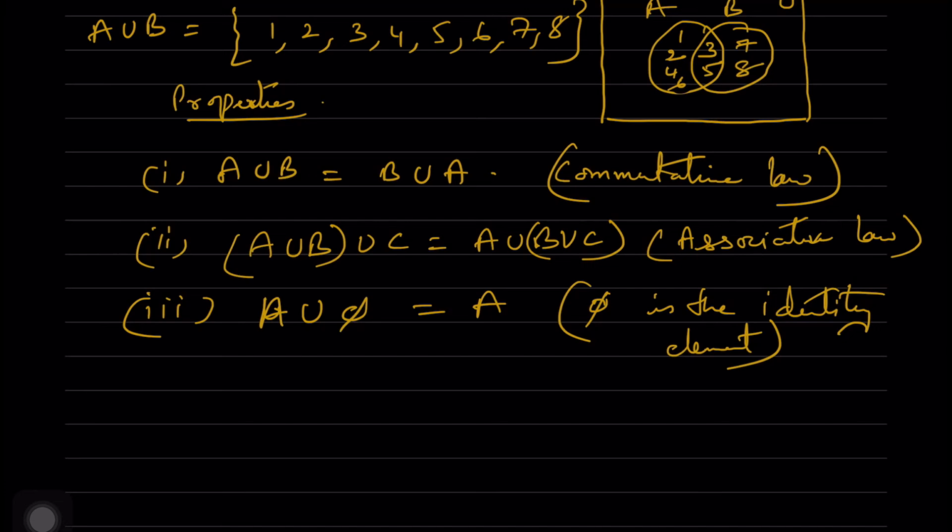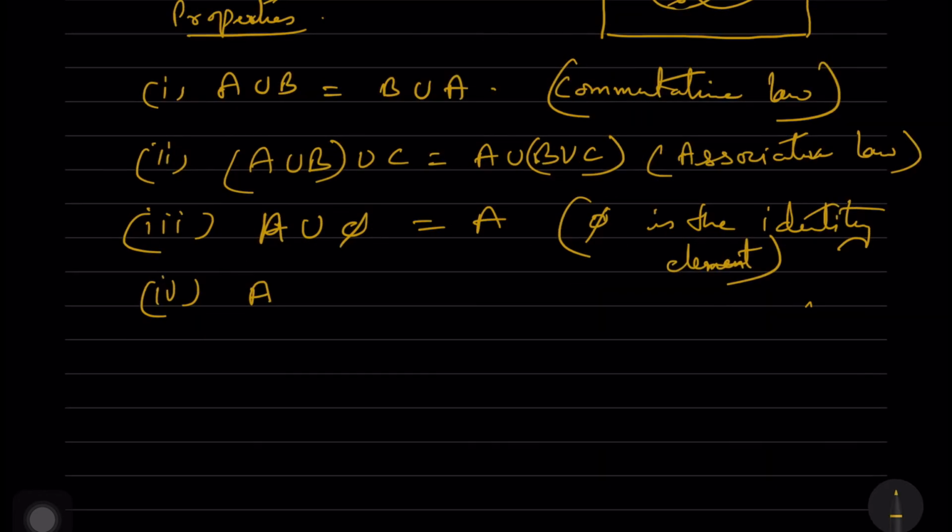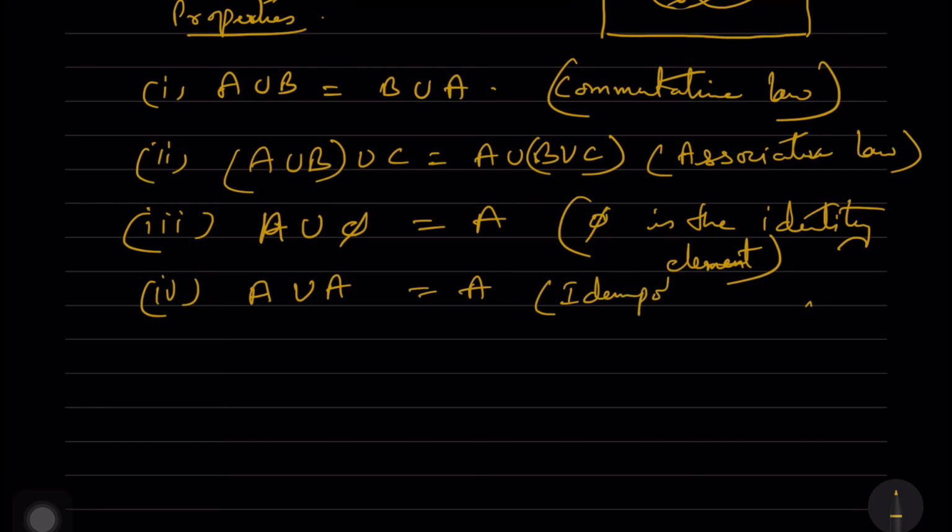So this is said to be identity law. Then the fourth one you're having is A union A itself, that is equal to A. This is called idempotent law.